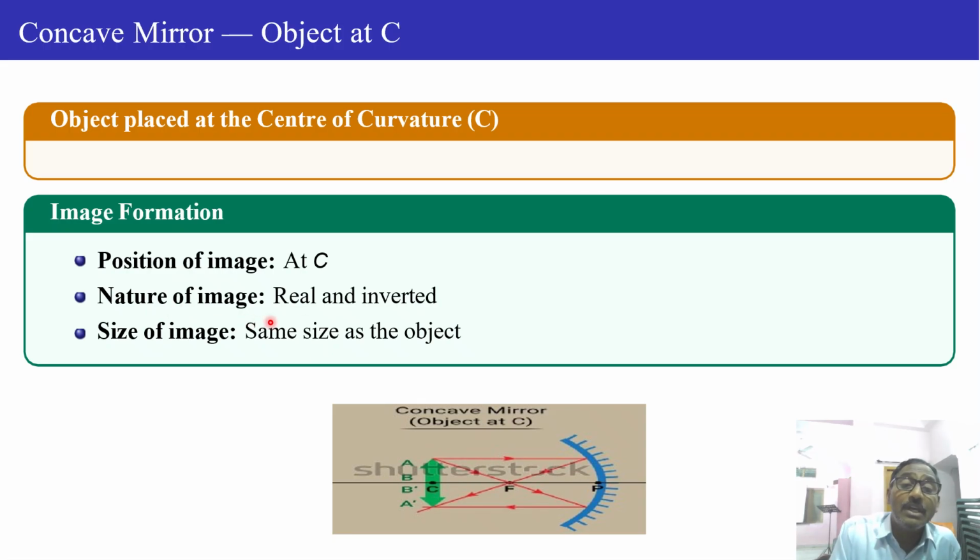Nature of image real inverted. Size of image same size as the object. So if you take object at the center of curvature, you are getting a real inverted same size image.